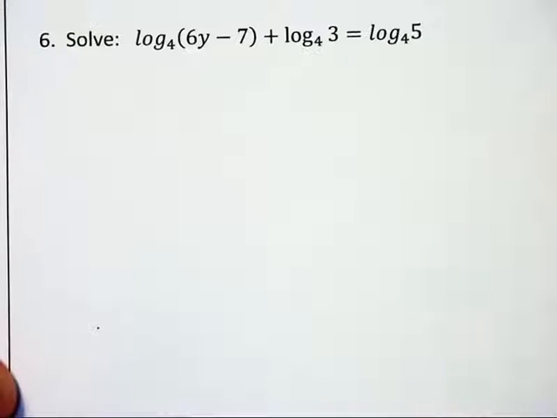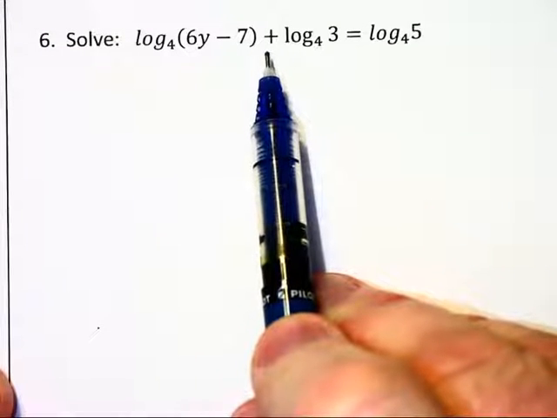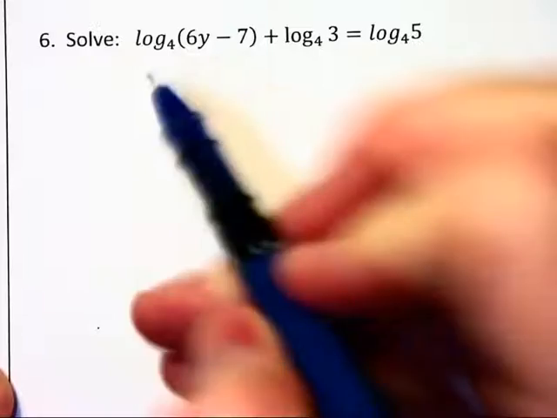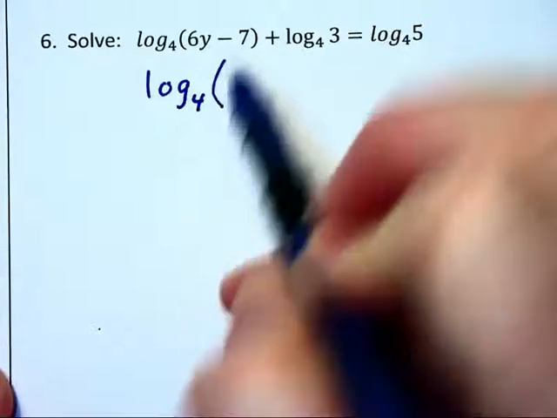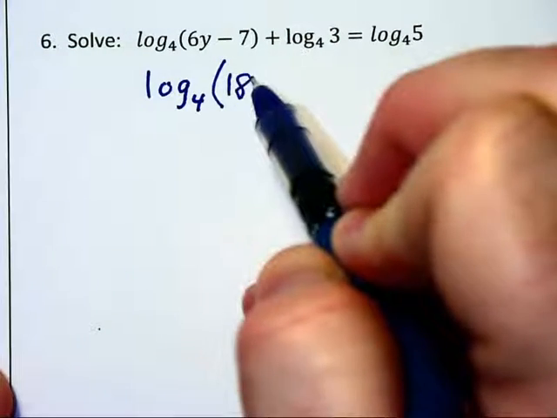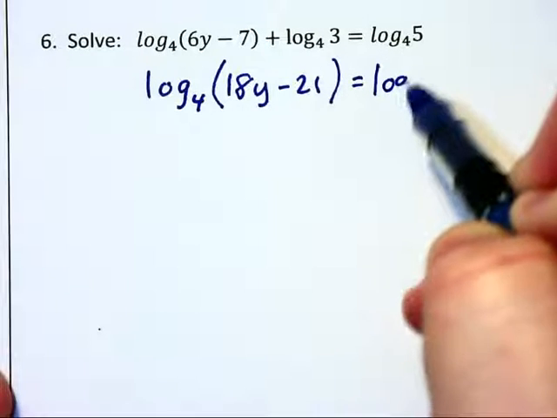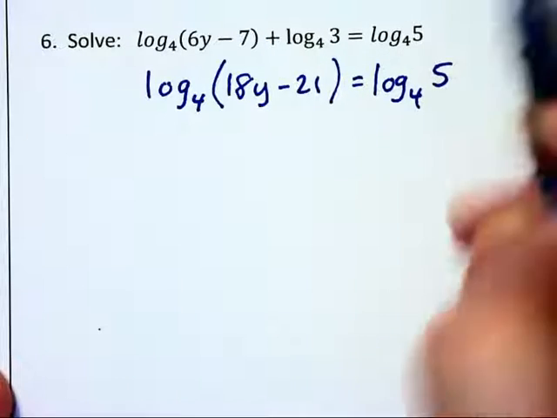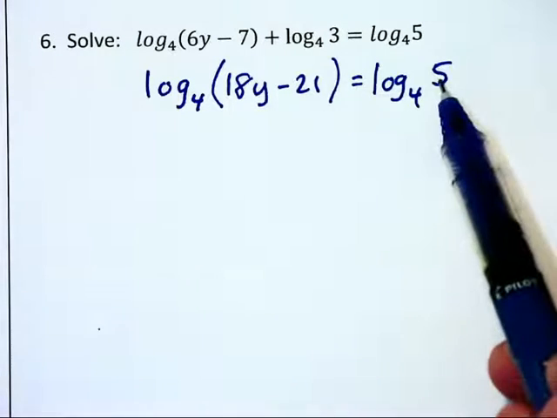Now we have a totally different pattern. Again, we're going to have an addition problem on the left turning into the product, so we will have log base 4 of 6y minus 7 times 3, which becomes 18y minus 21 inside the log, equals log base 4 of 5. Now we've got log base 4 of something equals log base 4 of 5.